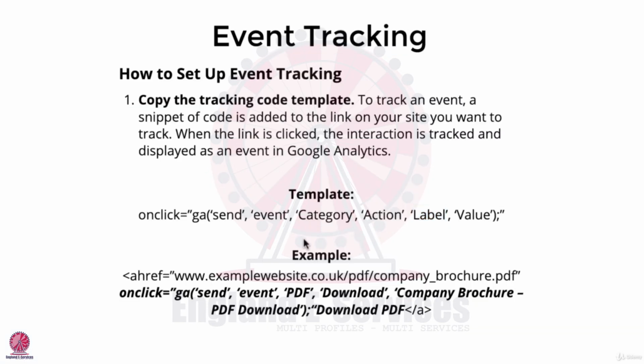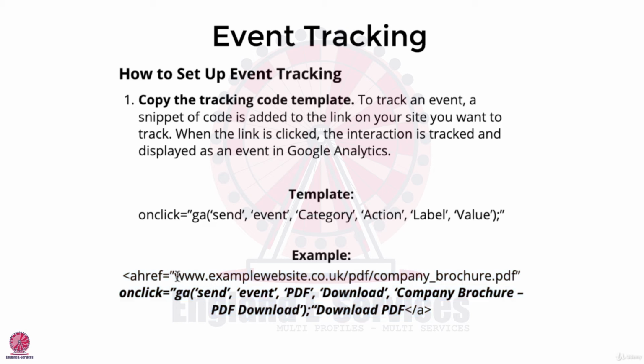So the first step is to copy the code, and this code is added to the normal link that we would have on our website. This is a full example of it all put together. This is an example of a link that you would have in the back end of your website, so this is what it would look like in its coded form.